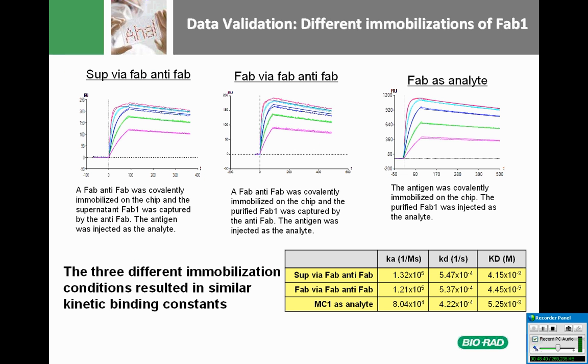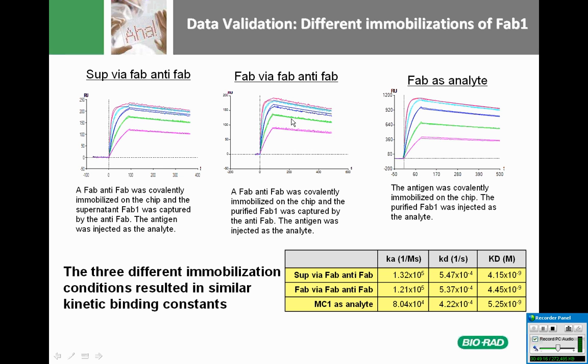And before we proceeded with these 2 Fabs, we did a validation to eliminate any possibilities of artifacts. So we captured those Fabs in 3 different ways. In the first way, the Fab anti-Fab was covalently immobilized on the chip, and as in the usual experiment, the soup containing the Fab was injected over it, so the Fab was captured by the capturing Fab.